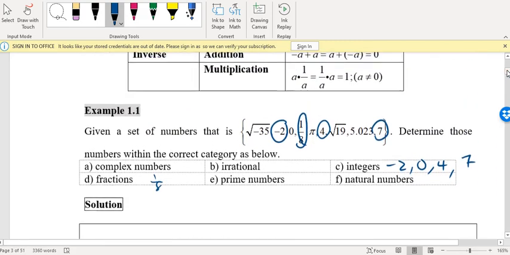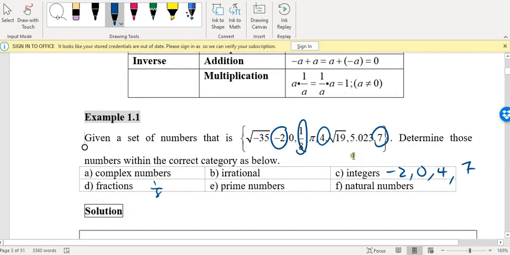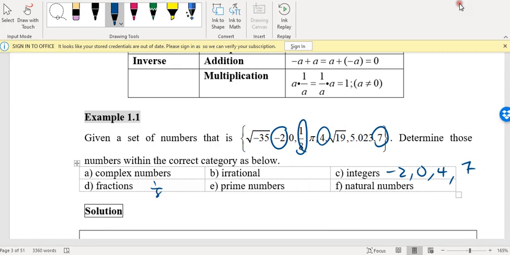Prime numbers. So what are prime numbers? Prime numbers are numbers that can be divided exactly only by itself and number 1. So for this, which one is your prime number?